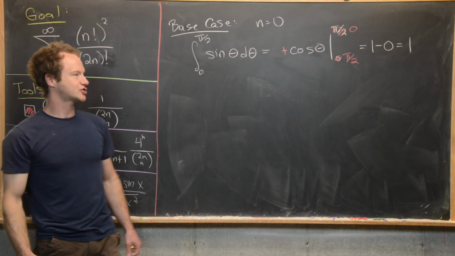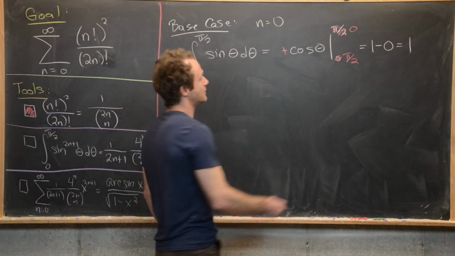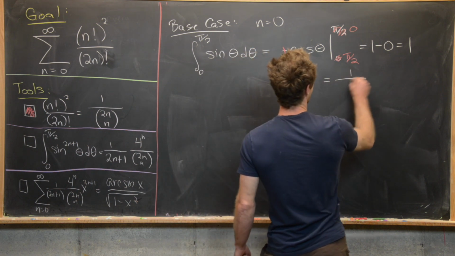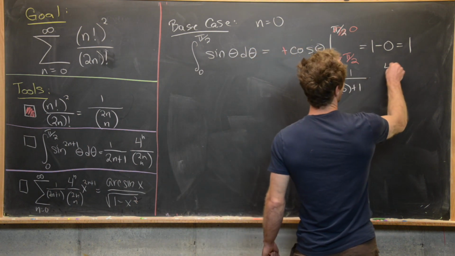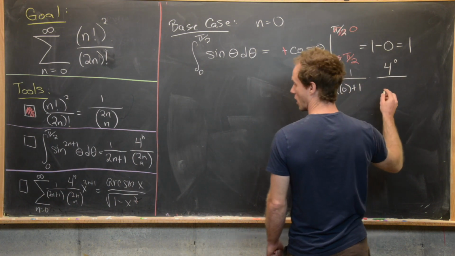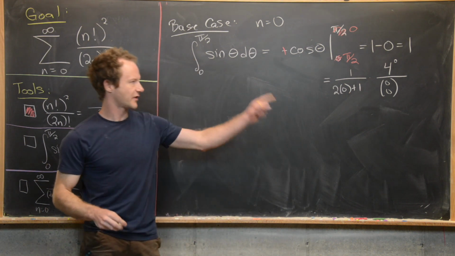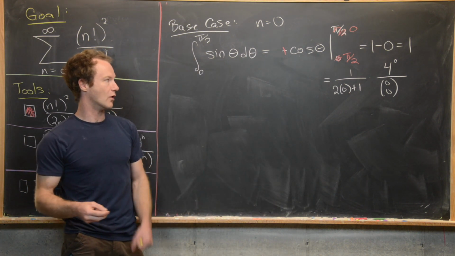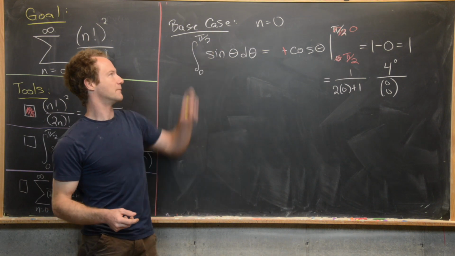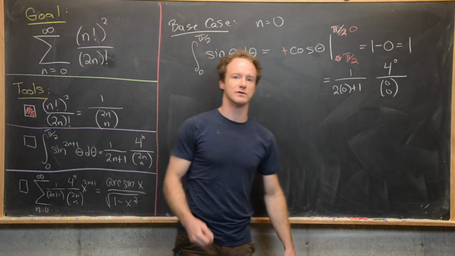But now we want to make sure that that is in this form down here. Notice we can write 1 as 1 over (2 times 0 plus 1) times the quantity 4 to the 0 over 0 choose 0. So all of the components of that product and quotient are equal to 1, so we get a 1 here, which means our base case is satisfied. This formula holds for n equals 0.